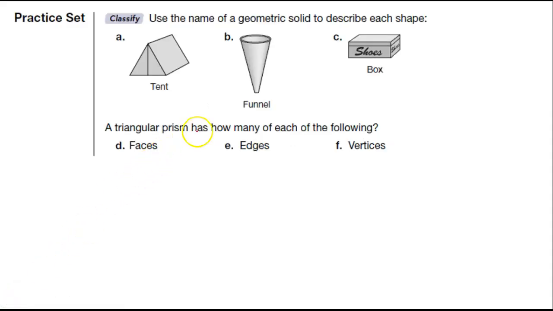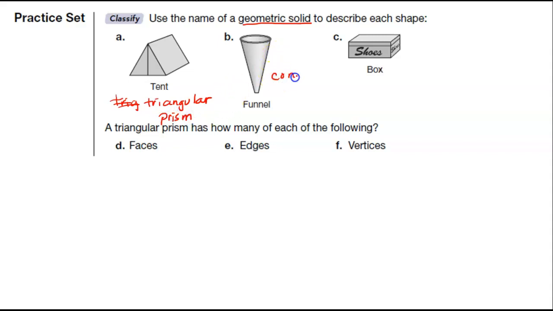Let's get into it. So we're going to be talking about geometric solids today, and it says use the name of the geometric solid to describe each shape. So this tent is actually what we would call a triangular prism.